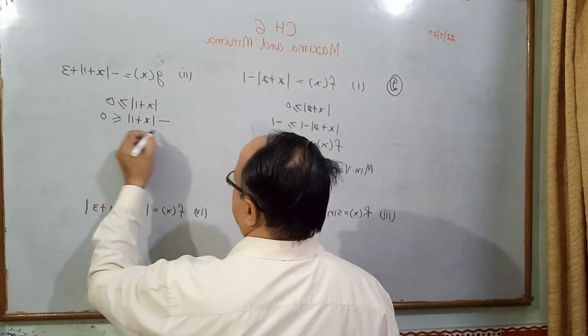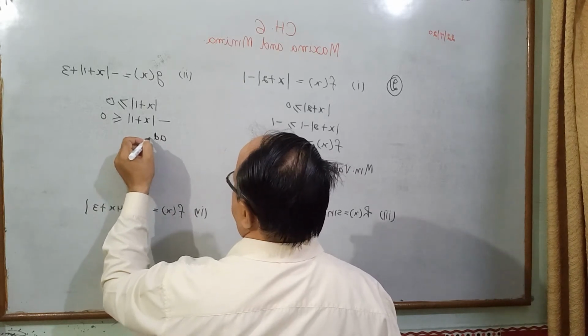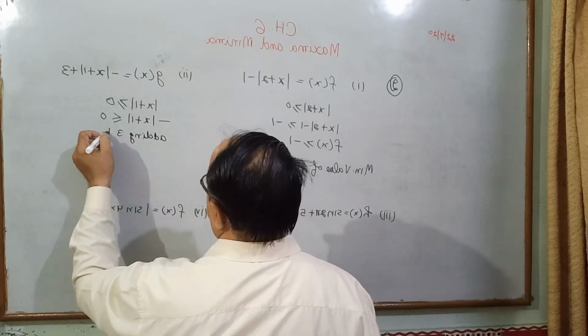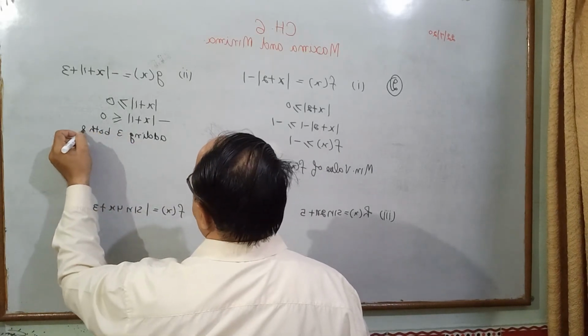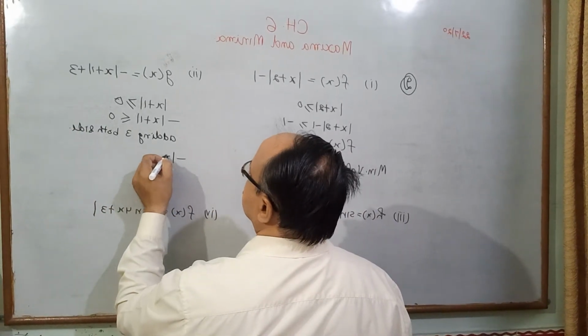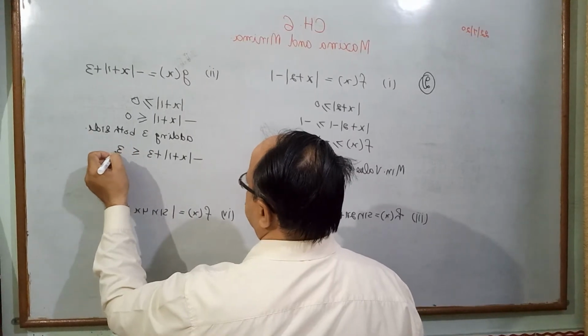Now adding 3 both sides. You know that minus mod of x plus 1 plus 3 is less than or equal to 3.